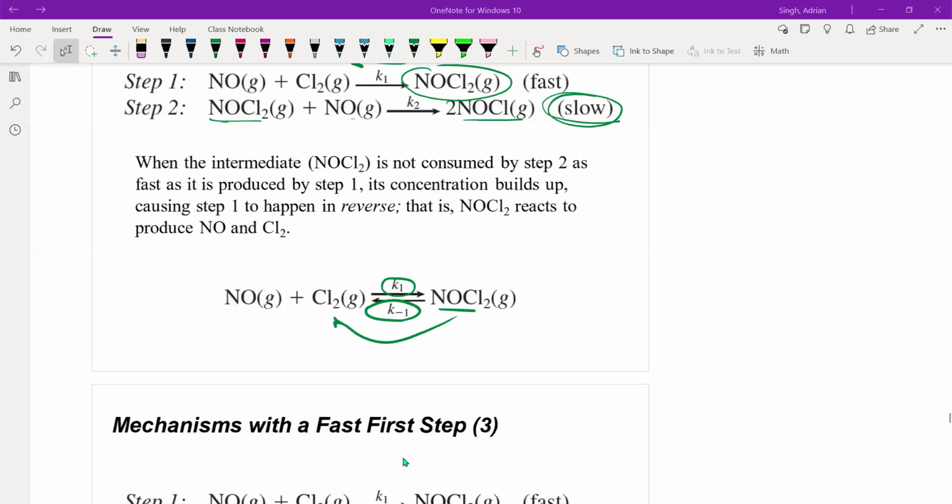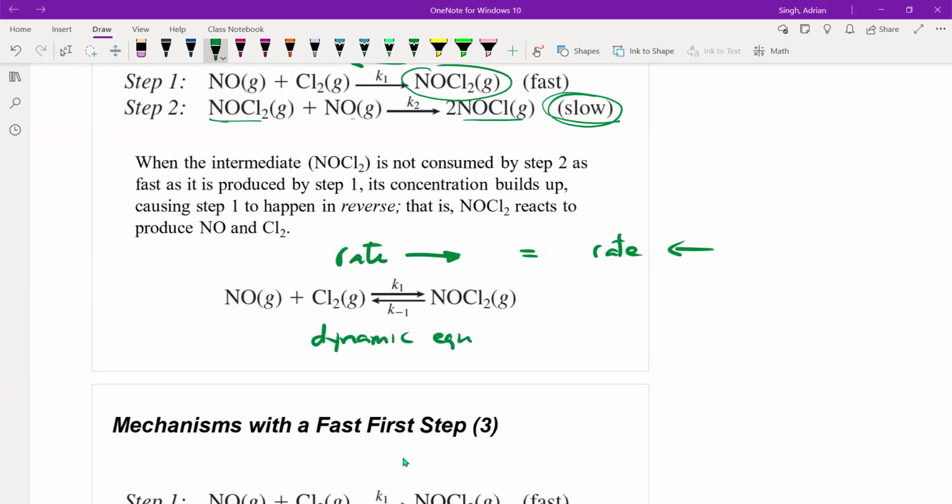So what happens then eventually is that we'll find that the rate of the forward reaction going from left to right ends up being the same as the rate going in the other direction from right to left. So we eventually establish what's known as a dynamic equilibrium. We'll talk a lot about equilibrium in the subsequent chapters.